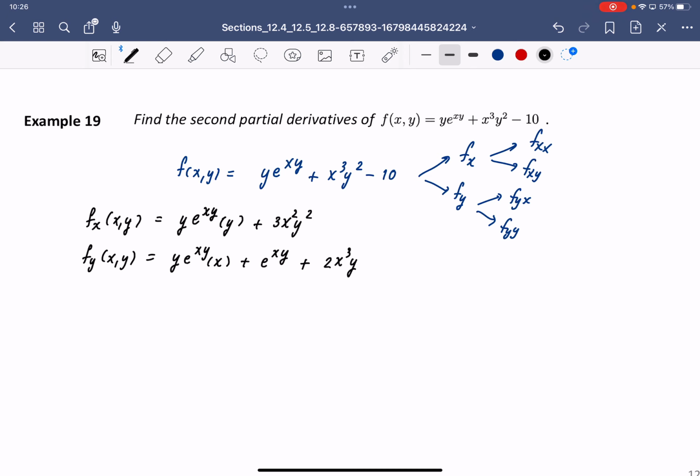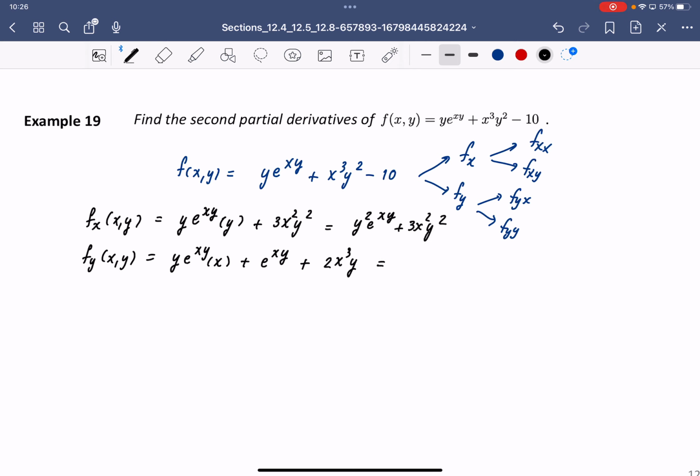Well, you need to simplify a little bit for the next step. It's going to be easier if you simplify it. So you're going to have y squared e to the xy plus 3x squared y squared here.